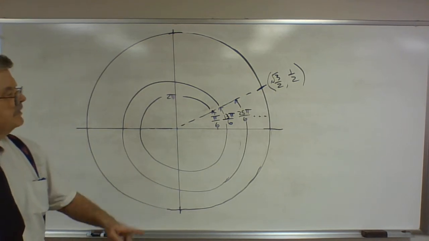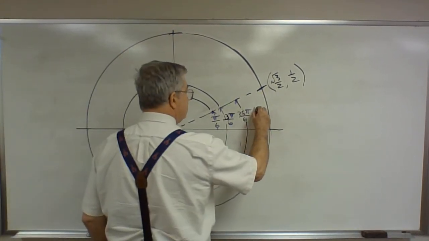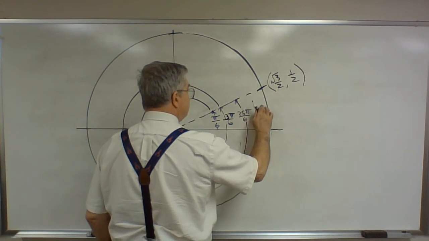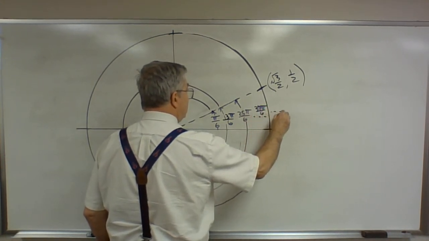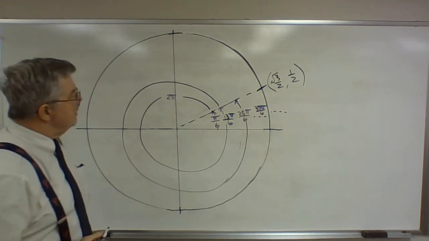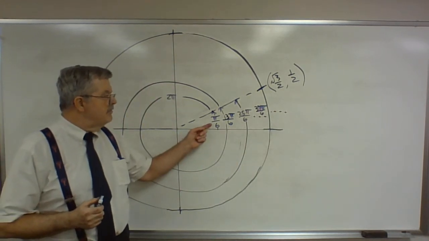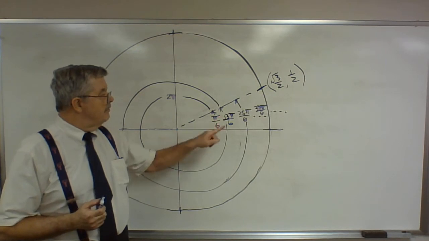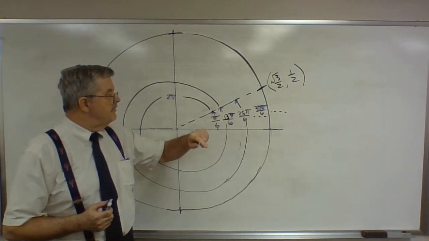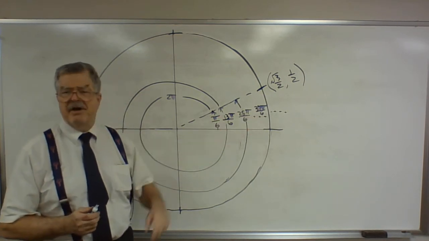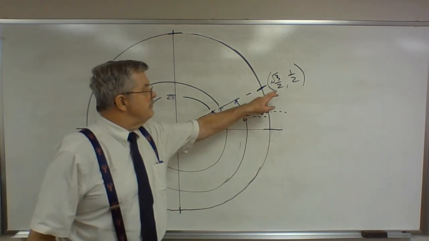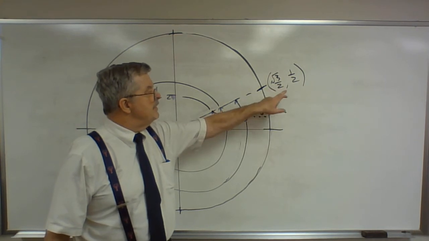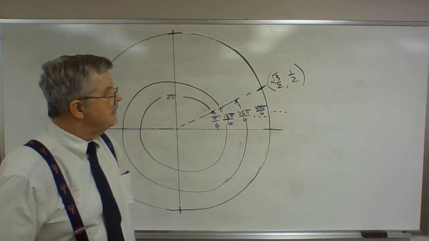If we go around again, that'll be 37 pi over 6, and so on. All of these angles, pi over 6, 13 pi over 6, 25 pi over 6, 37 pi over 6, and so on, they all refer to the same point on the unit circle.